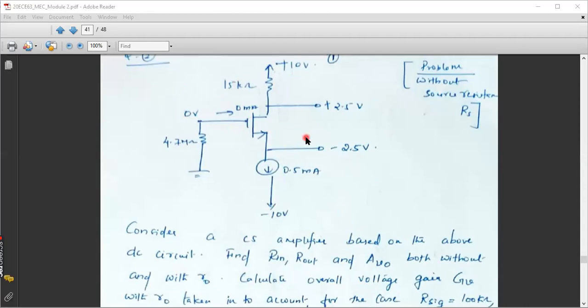We have only shown the DC voltages and the DC current source. So this is a biasing circuit to be applied for a CS amplifier to be designed. Clear? So all of you draw this figure and the question that follows.